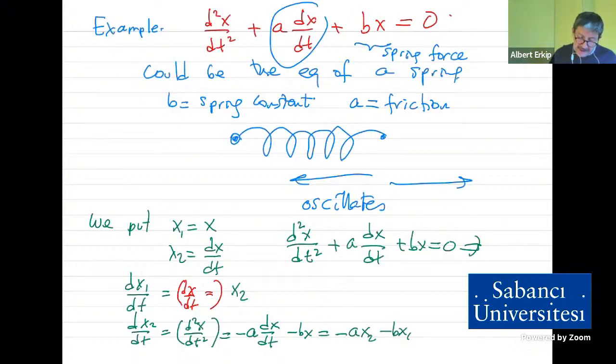So to summarize, I have a system: dx1 dt equals x2, dx2 dt equals minus b x1 minus a x2. This is a 2 by 2 linear system.